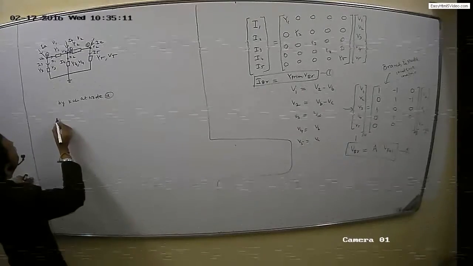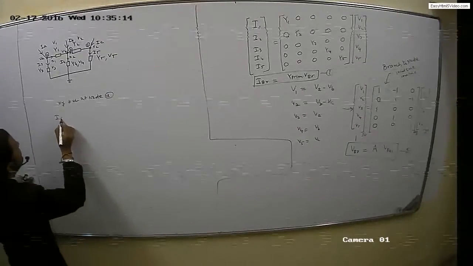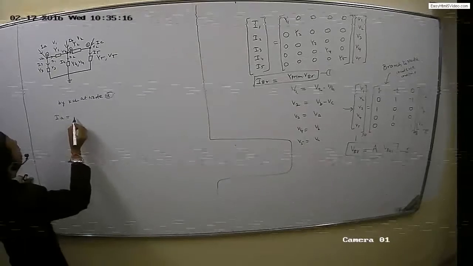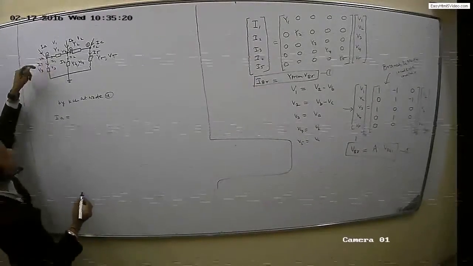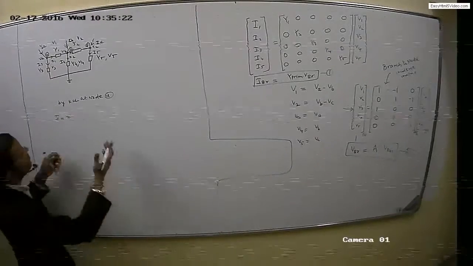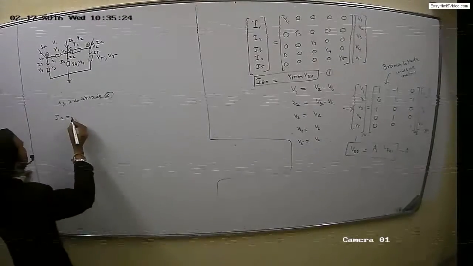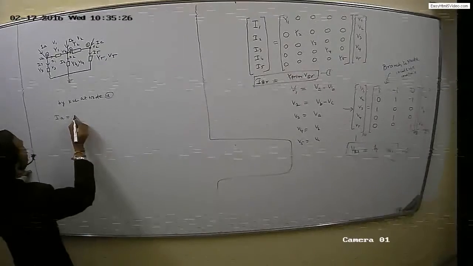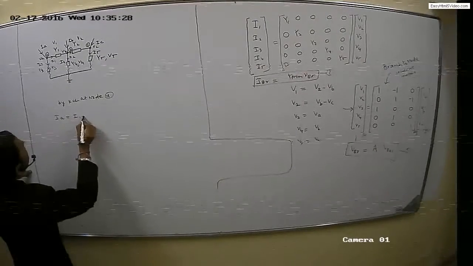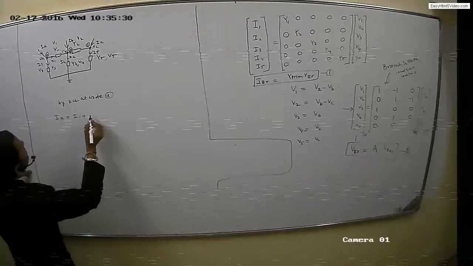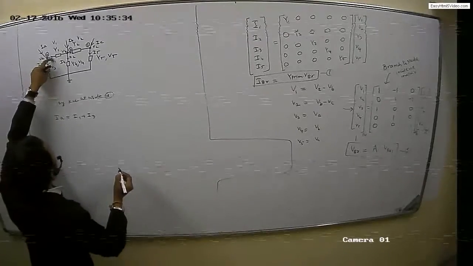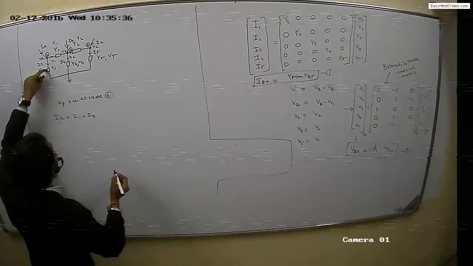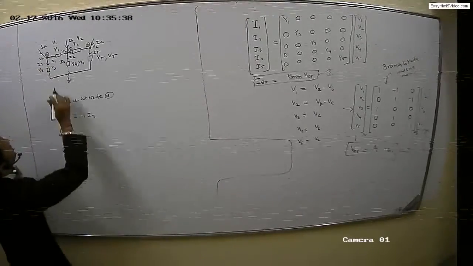By KCL you can use, so this is IA, this is nothing but the incoming current at this node, and these two currents are outgoing, so incoming current is equal to outgoing currents. So I of A is equal to I of 1 plus I of 3. I of A is equal to I1 plus I of 3. This is equation number 1.